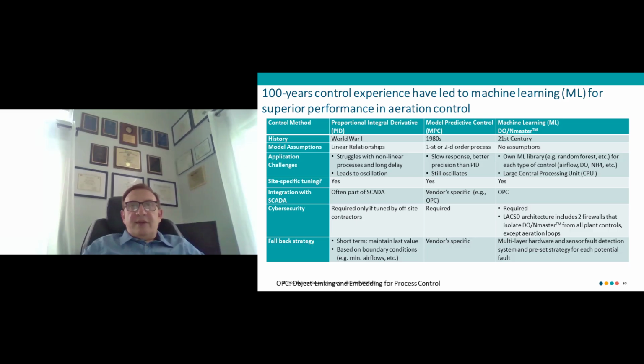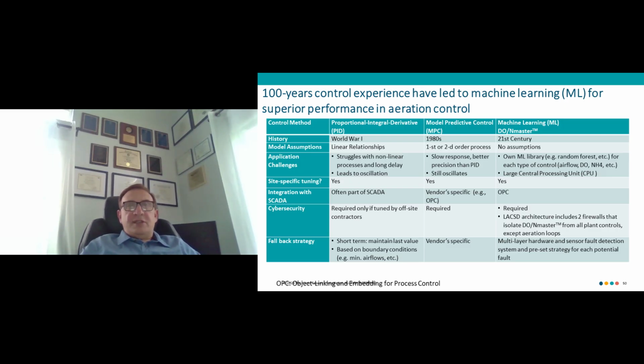During our trial of MPC at the Chico treatment plant in 2018, we found that MPC indeed provides better precision than PID control, although it was a bit slower than PID and could cause occasional oscillations.